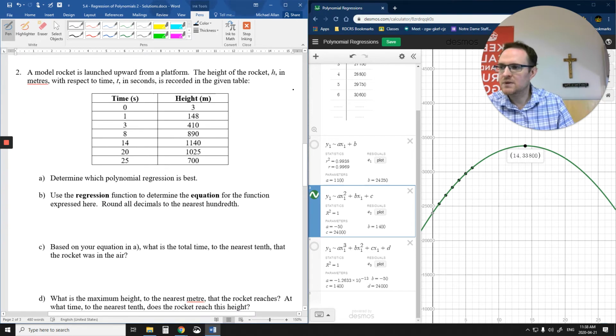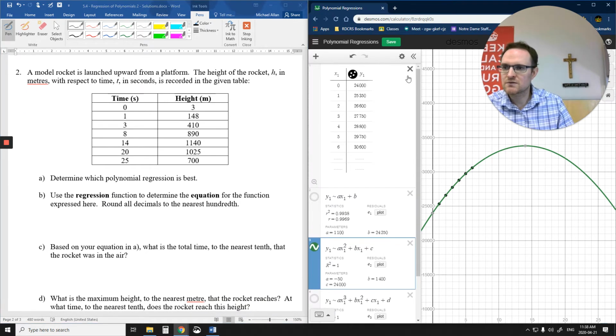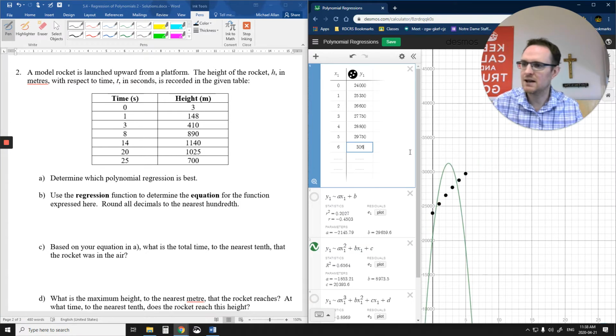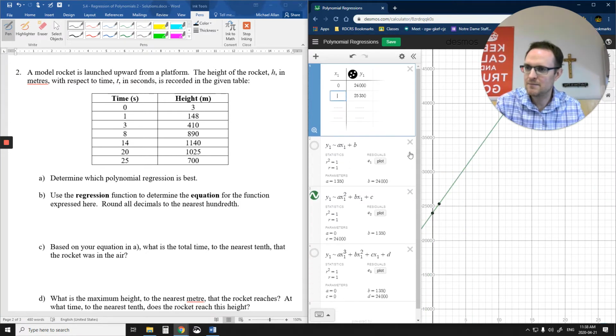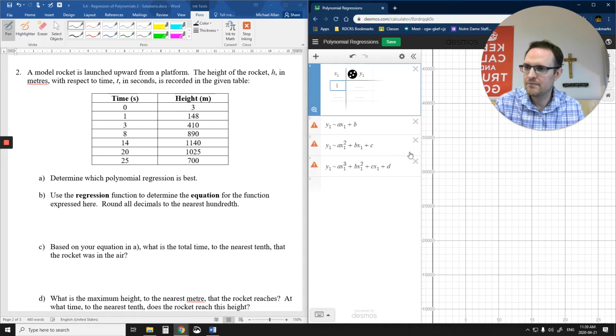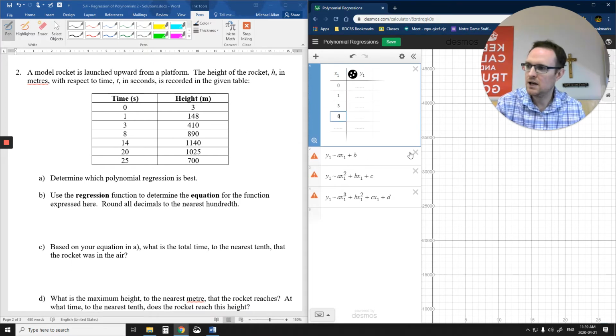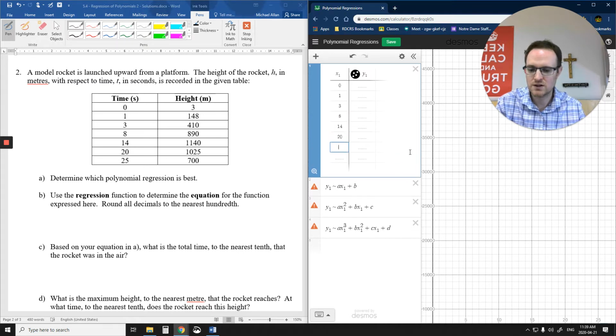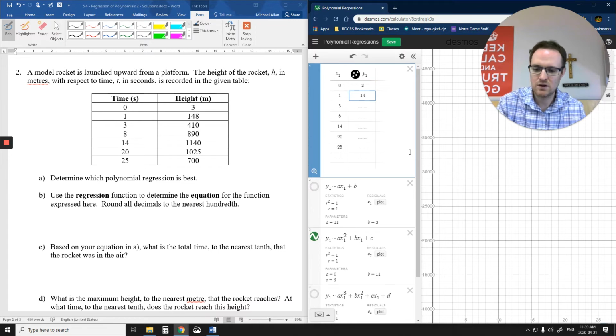Model rocket being launched here, so let's figure out what we're having here. So we got heights and we got some times. So I get 0, 1, 3, 8, 14, 20, and 25. Okay, awesome. And then 3, 148, 410.